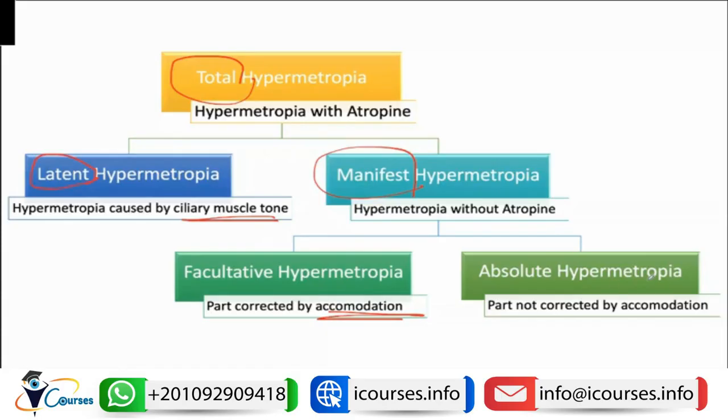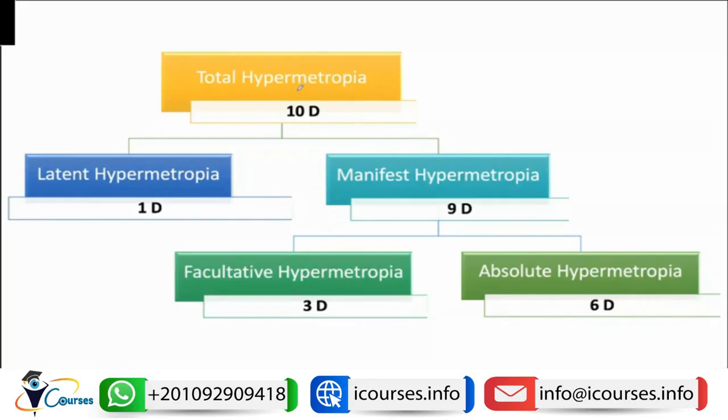Absolute hypermetropia is the part which is not corrected by accommodation. This part is beyond the limits of the accommodation that the patient has, and it is usually the part that makes the patient complain of defective vision. If we wanted to change these words into figures, suppose we put cycloplegic eye drops into the patient's eye, and this reveals the total amount of hypermetropia, which is 10 diopters.